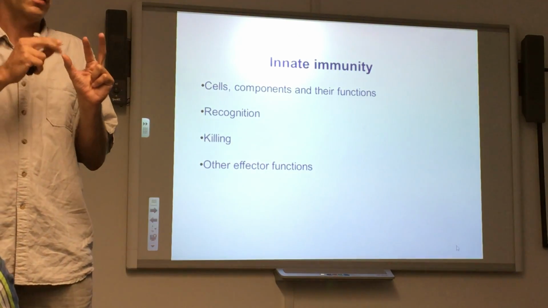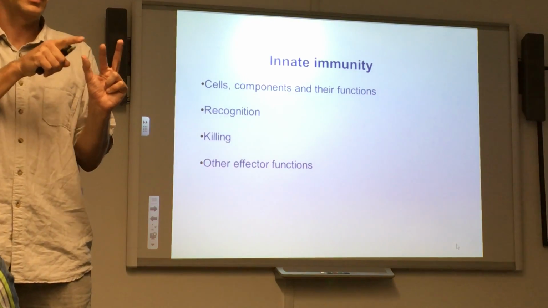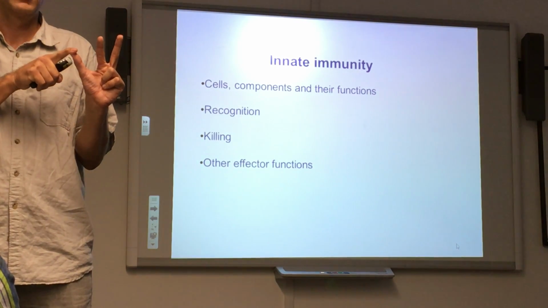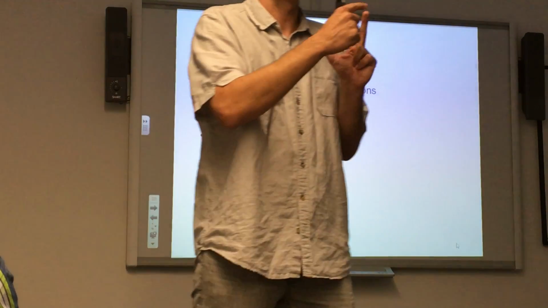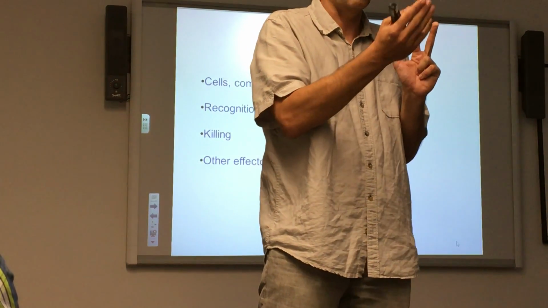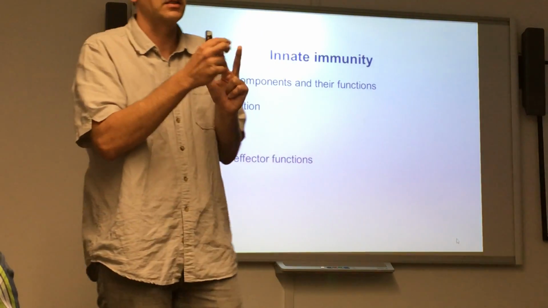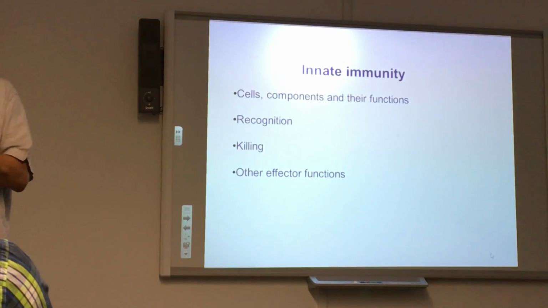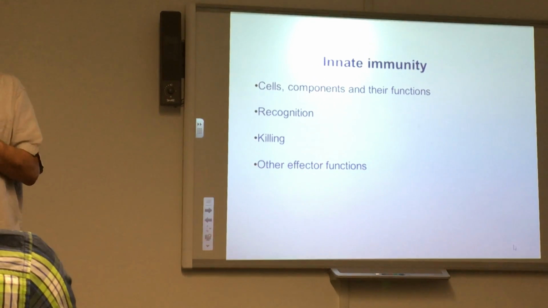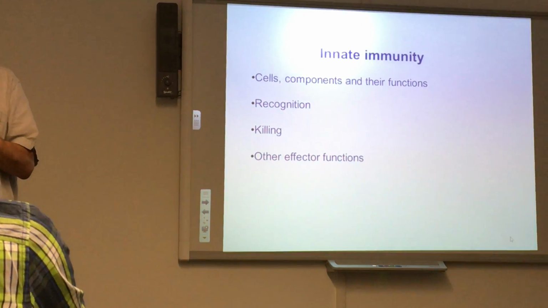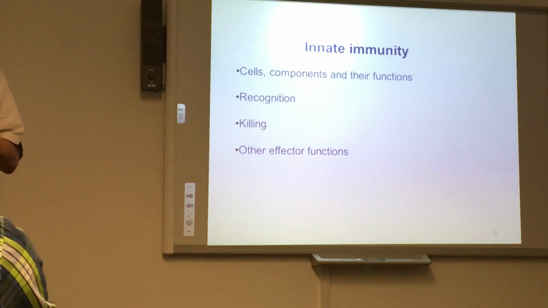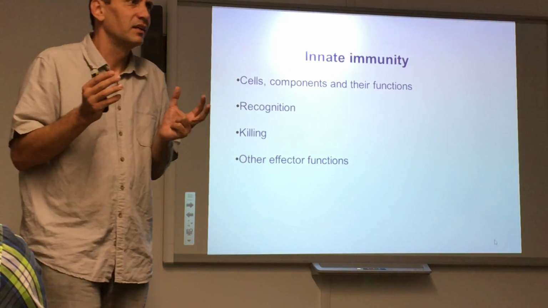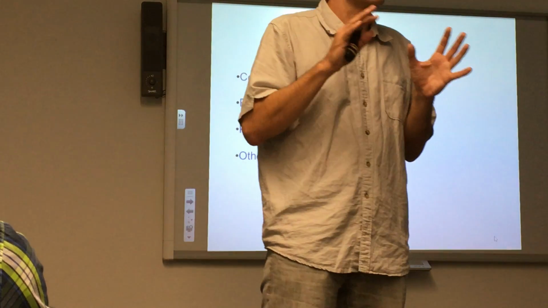Okay? So macrophage and three functions: it can recognize the pathogen. Very good in recognition. Macrophage is one of the best in recognition. It can kill the pathogen. By phagocytosis, you told me, it can kill the pathogen. It can communicate with the innate immune system. How? Chemical messages.